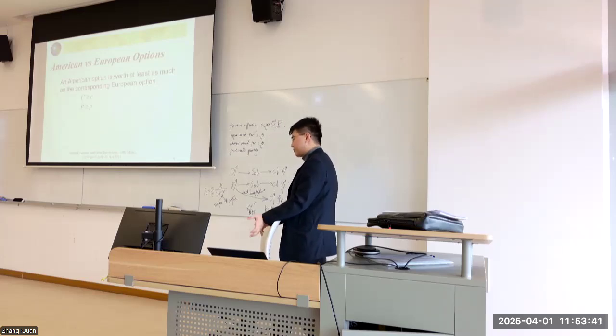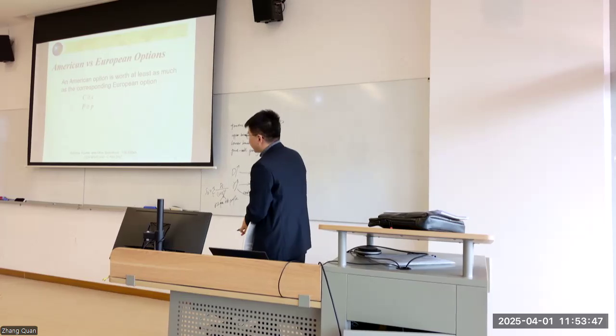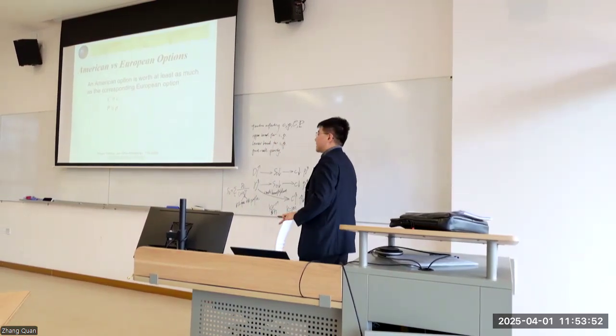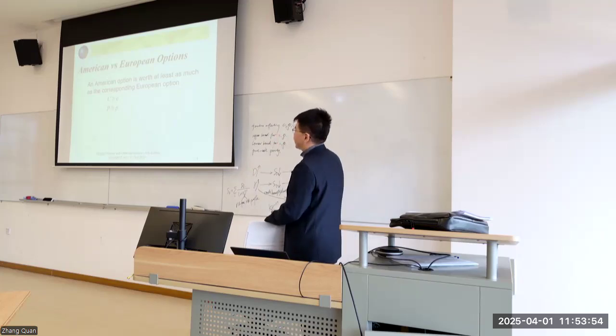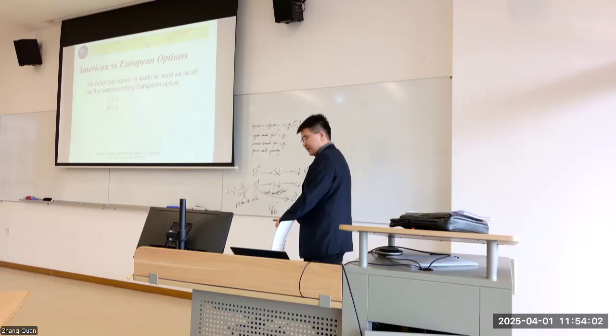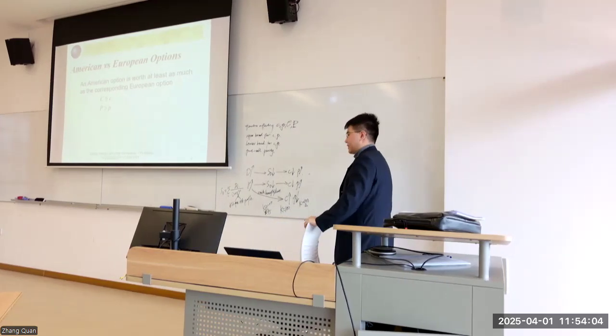So typically, comparing to the European option with all other conditions the same, the American option should be more expensive. So we have the uppercase C rather than the lowercase c, and the uppercase P rather than the lowercase p, right? This is quite easy to understand.